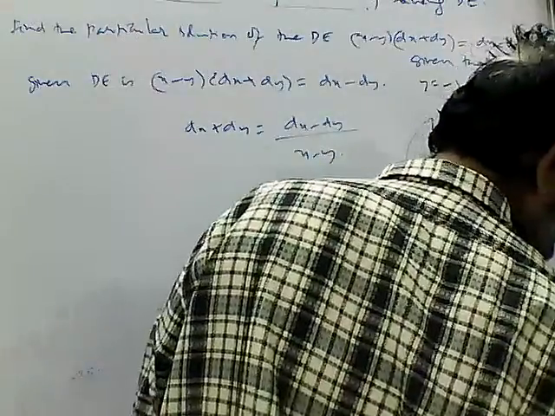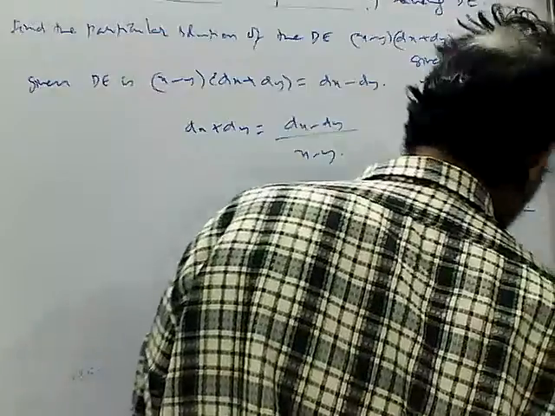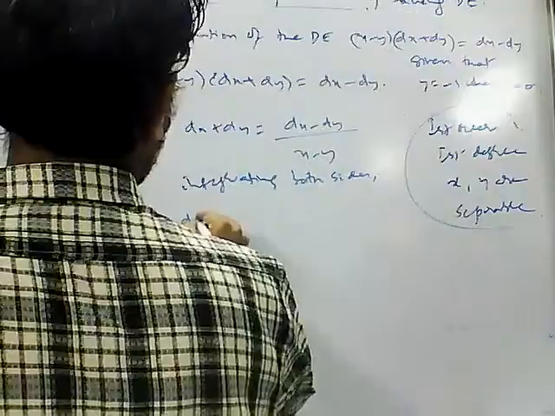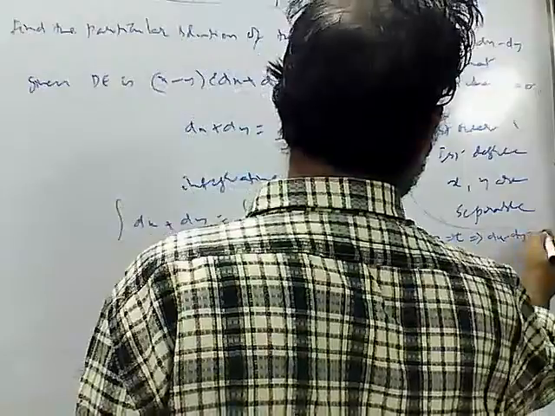Integrating both sides. Integral dx plus dy is equal to integral dx minus dy by x minus y. Put x minus y is equal to t, implies dx minus dy is equal to dt.